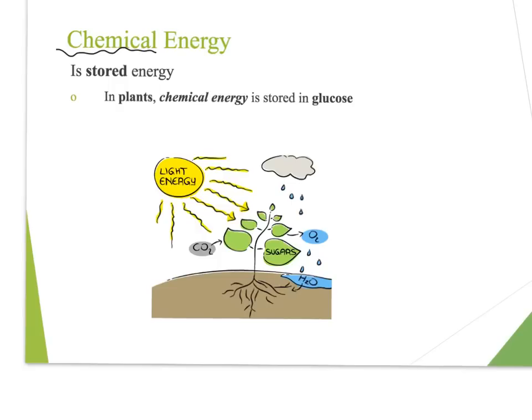All chemical energy is stored energy, kind of like a battery. If you just have a battery in the battery pack, it has stored chemical energy. Is any of that energy being released or produced sitting in that battery package?